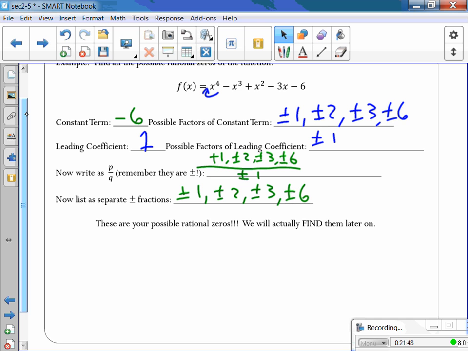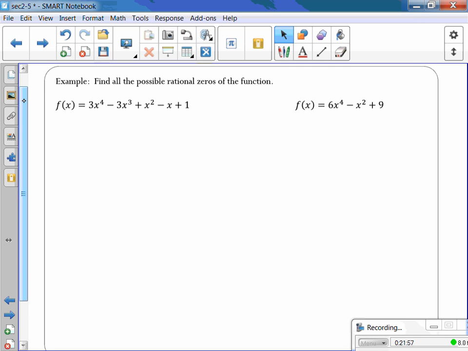So here we're going to find all possible rational zeros. In this case, we have f of x equals 3x to the 4th minus 3x cubed plus x squared minus x plus 1. So what are my factors for p, my constant term?